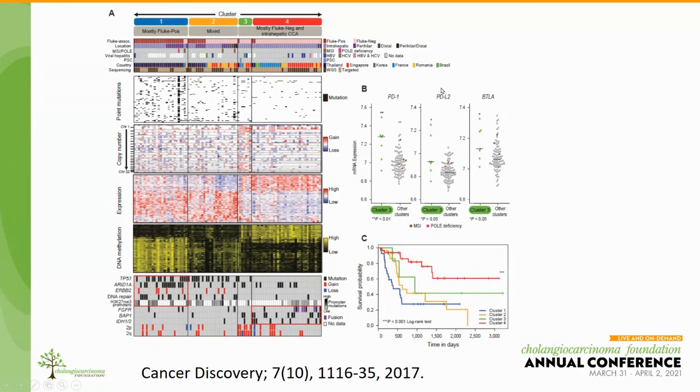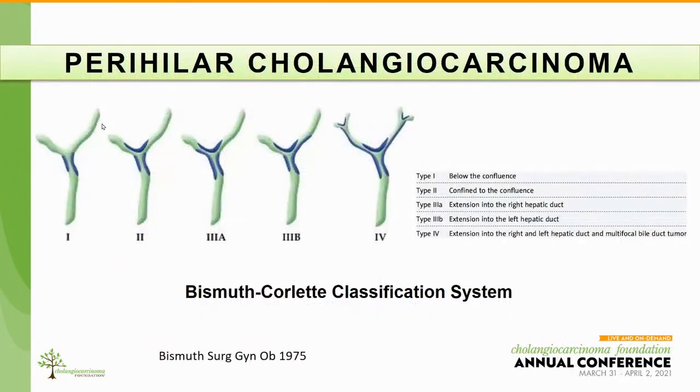And we can look at things like PD-L1 expression stratified by these different clusters and subtypes, and at outcomes with respect to these clusters in terms of survival differences. So genomics certainly matters. I know I don't need to preach this to this audience and the Cholangiocarcinoma Foundation, that's been so instrumental in providing advocacy for sequencing of cholangiocarcinoma, but it certainly makes a difference.